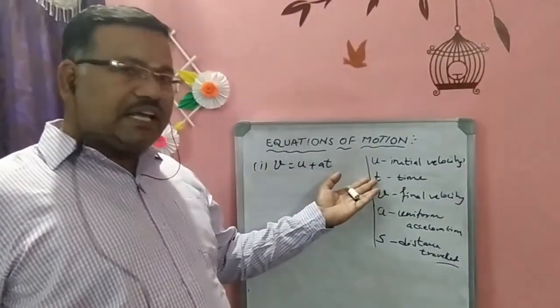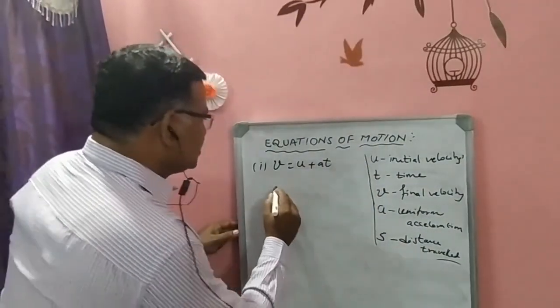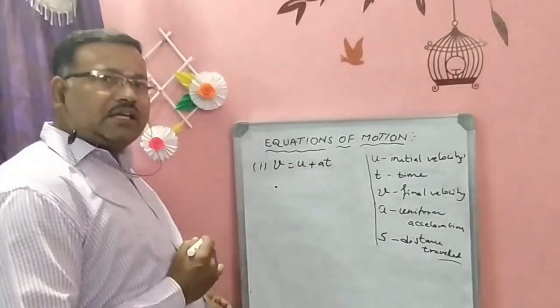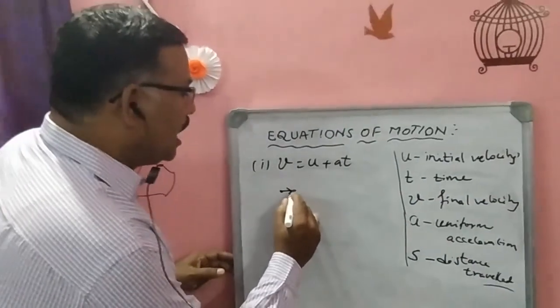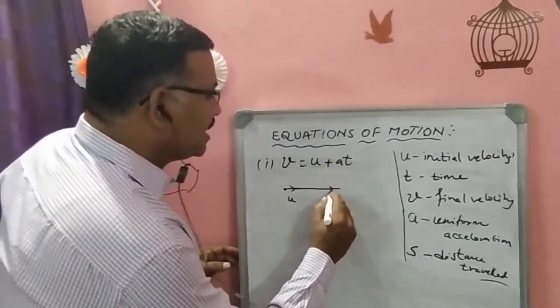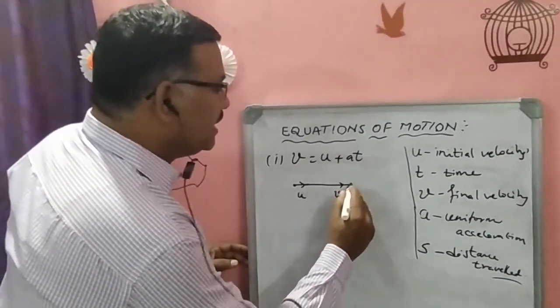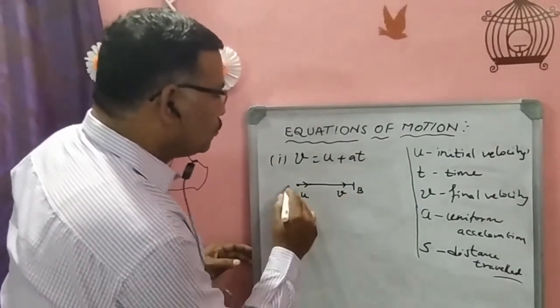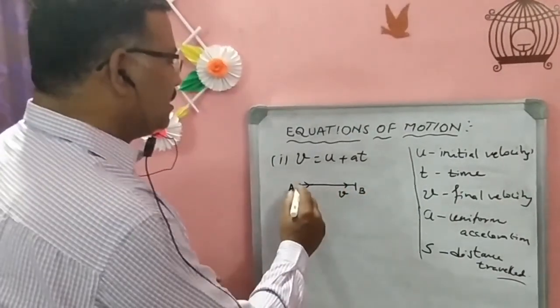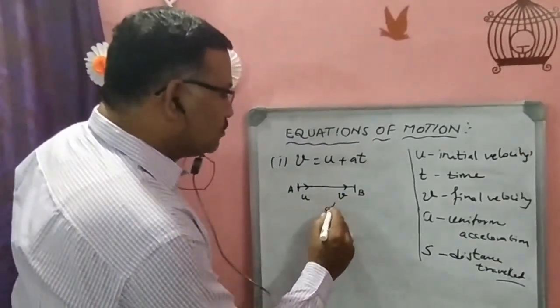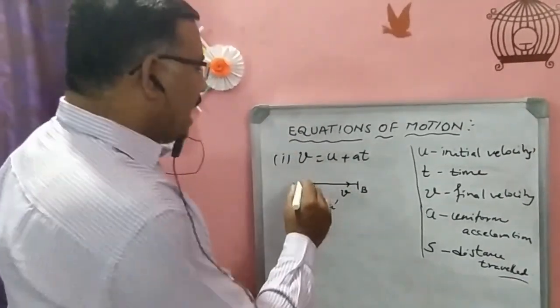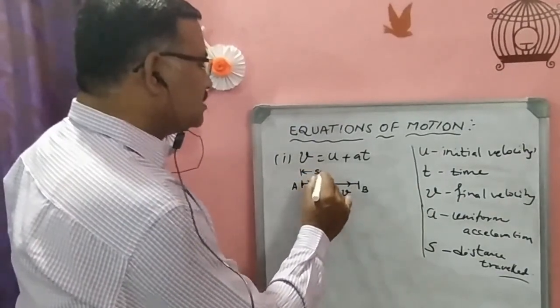After a particular time t, suppose this is the car or any body which moves with the initial velocity u, the velocity changes to v and it reaches the point B. So it starts from A and reaches the point B. So during the motion, let me assume the uniform acceleration is a and distance traveled by the body is s.